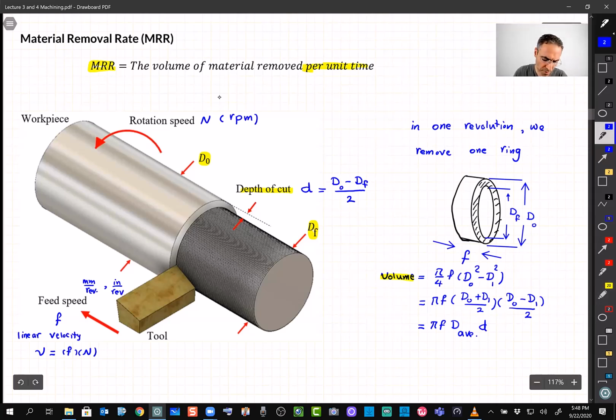So from here we can say in N revolutions the volume is going to be, we just multiply it by N, right? N pi D average, and then we're going to have d, all right? And we know N is revolution per unit time.